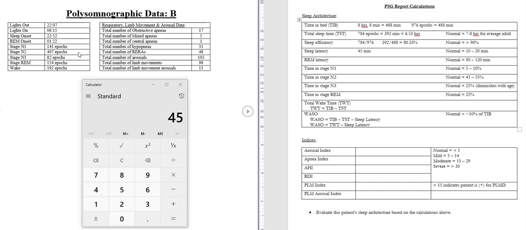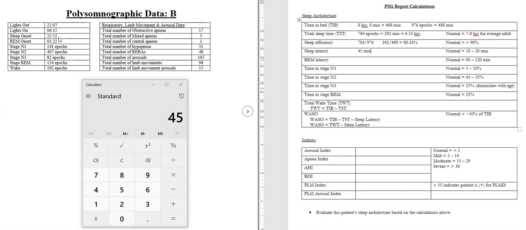REM latency is the distance between when the person fell asleep to when they went into REM, not from lights out, but from when they fell asleep, from sleep onset to REM onset. So it's the distance between these two numbers here. So from 22:52 to 01:22. So 10:52 p.m. to 1:22 a.m. So again, for this one, I tend to just start here and count forward on my fingers.